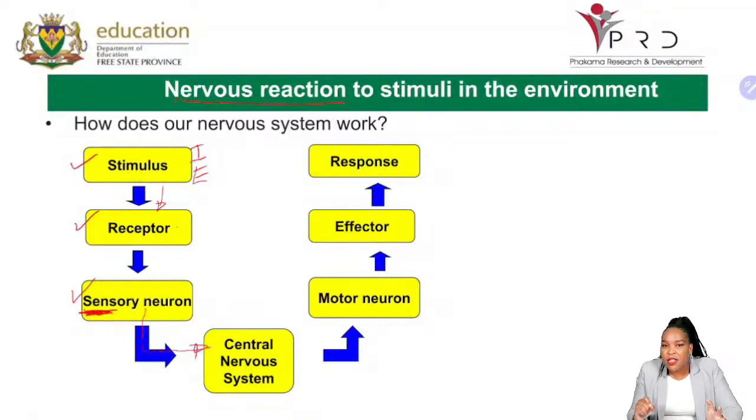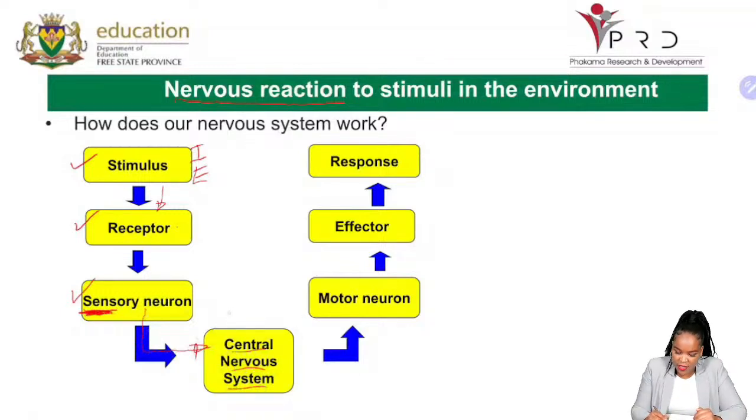That is where everything is processed. We are going to talk about the central nervous system later, and then you will see when I say that is where everything is processed. Right, we need the message to ultimately reach the nervous system at the end. Right, so the sensory neuron will send that impulse to the central nervous system.